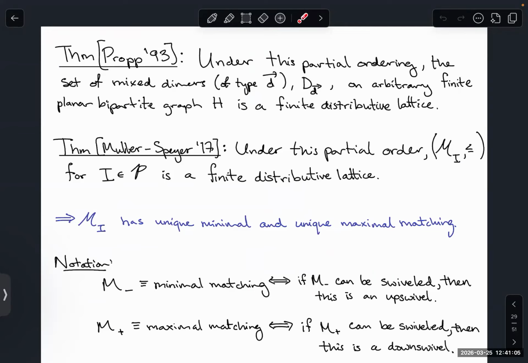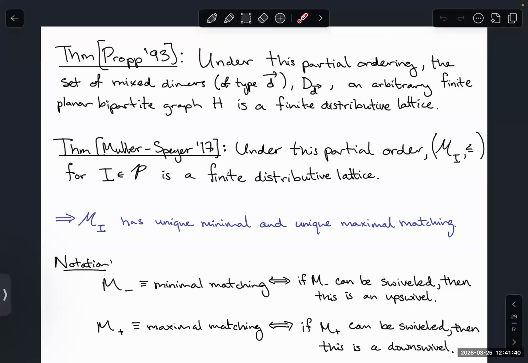What we are more interested in this setting is this result of Muller and Speyer, which says when we use the same partial ordering and we consider the set of matchings with a fixed boundary I, where I is some boundary condition that's matchable in our positroid, this assembles into a finite distributive lattice, which for us says that the set of matchings with a fixed boundary has a unique minimal and unique maximal matching.